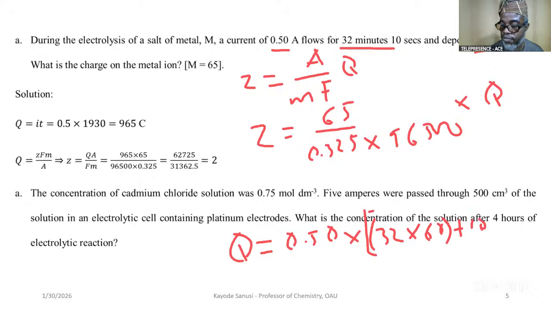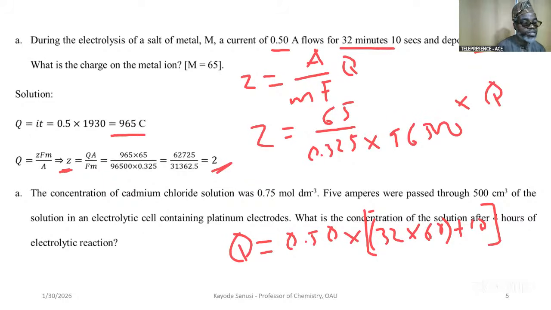So we have the time in seconds, and we get our Q. If we do that, we will get 965 coulomb as our Q. And then if we put the corresponding values, we are going to get 2 as our Z, which is what we are being asked to determine.